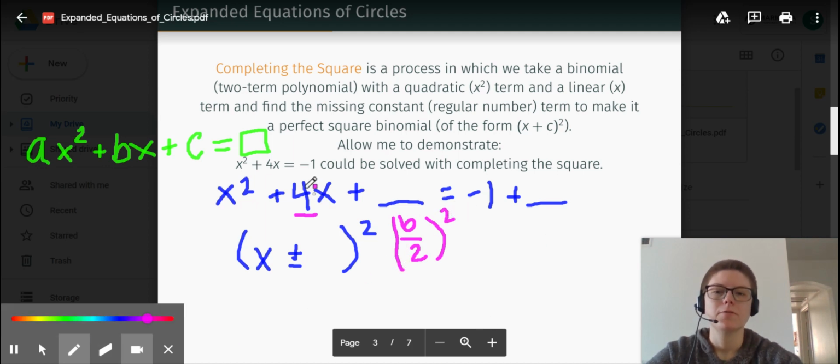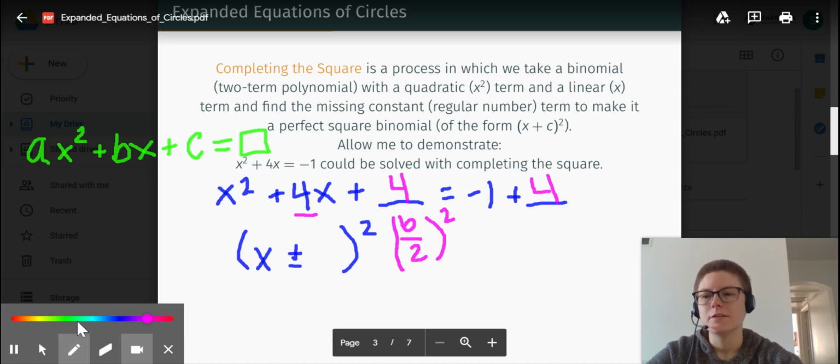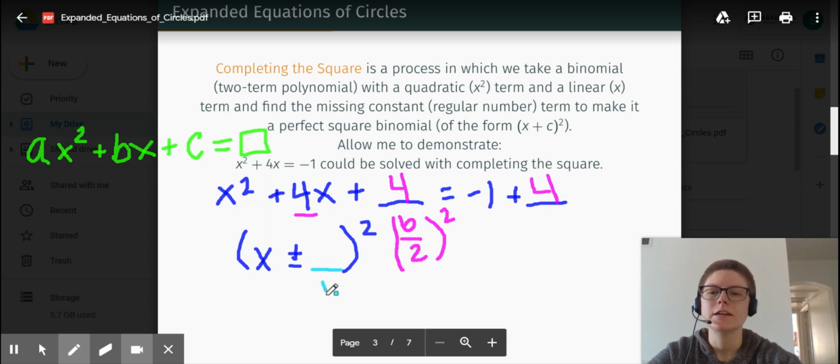All right, so 4 is b, so we divide that by 2 and get 2, and then we square it. 2 squared is 4, so we're adding 4 on both sides.